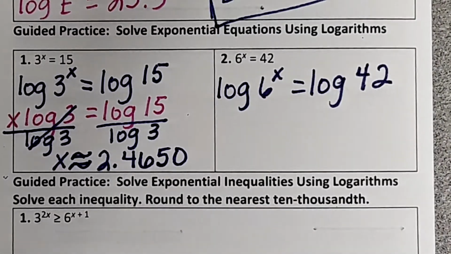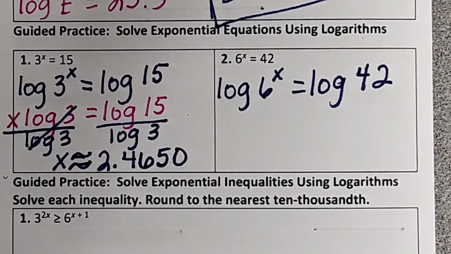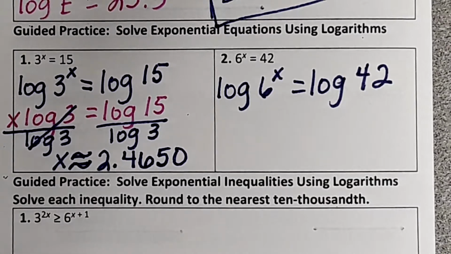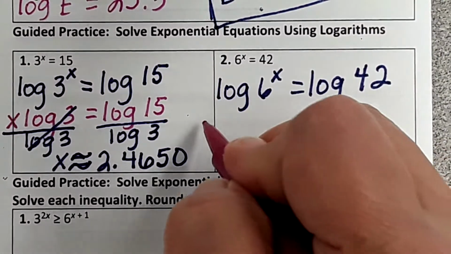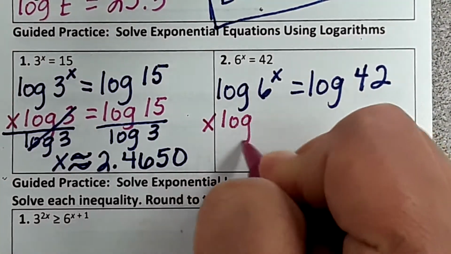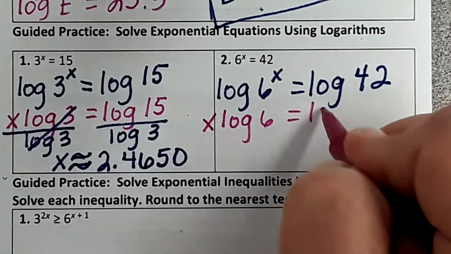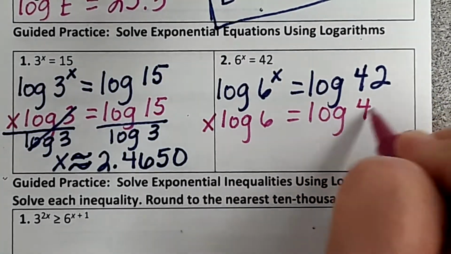Again, you guys, this works with any type, whether you can rewrite it or not. But what I want you to get in the habit of is asking yourself, can you rewrite it first? Because if the answer is yes, that's a better route to go. Okay, now, the x goes in front. And then what am I going to do?